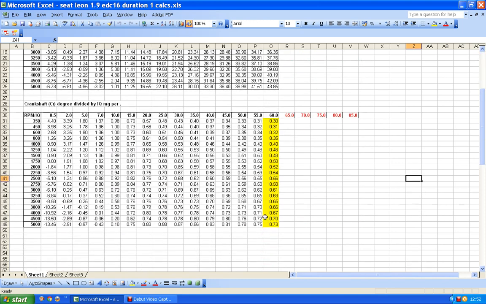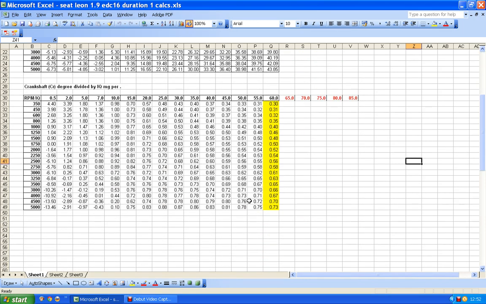Now the reason I've done that is so that I can look at what's happening, because if I look at 60, I can look at the way this column is gradually getting bigger and bigger and bigger and reaching what you could call a maximum. So it's reaching a maximum value, or a maximum number of degrees divided by injection quantity.